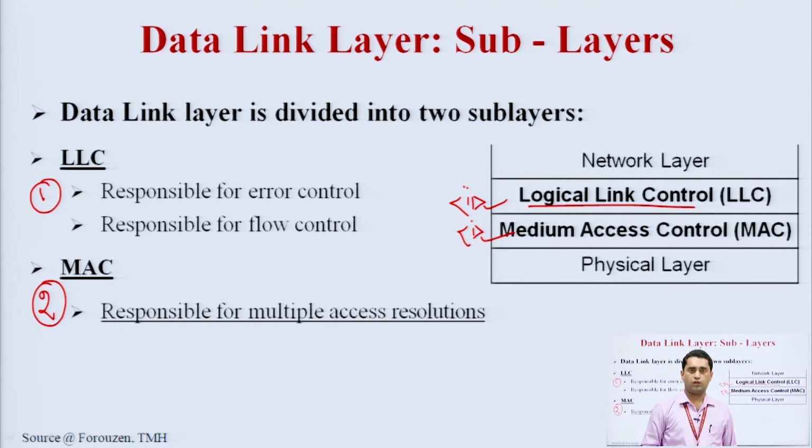If there is a question, explain the functionality of the data link layer, then you can say there are 2 entities or sublayers inside the data link layer. Number 1 is the MAC and the other one is the LLC, logical link control. Then you can elaborate: MAC is responsible for multiple access, who will take control over the other connected devices, and LLC is responsible for flow control, error control and the framing part. So, this is the structure of the data link layer.